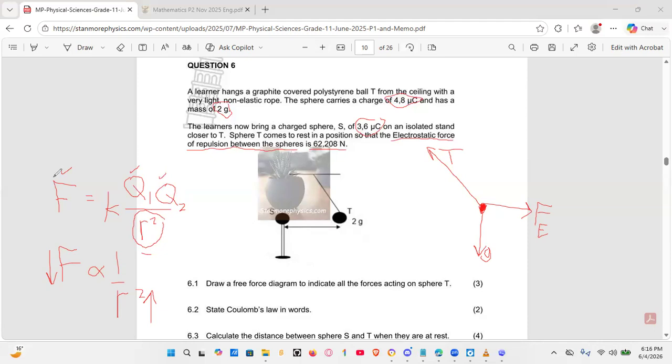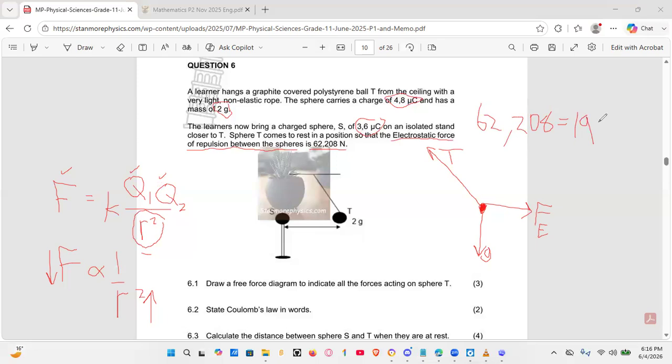So you have the force, you have the first charge, the second charge, then only the distance is left over. That's why whenever you write your answer, you shouldn't leave your units open.